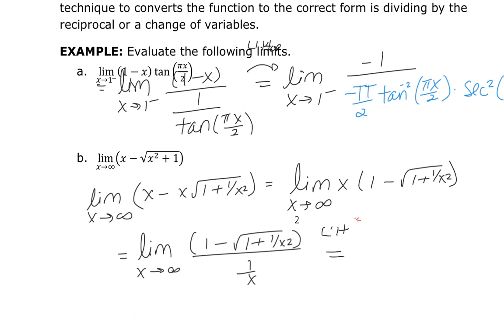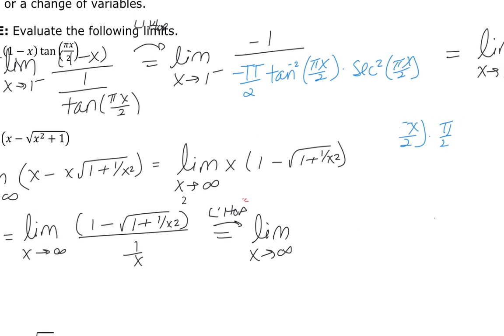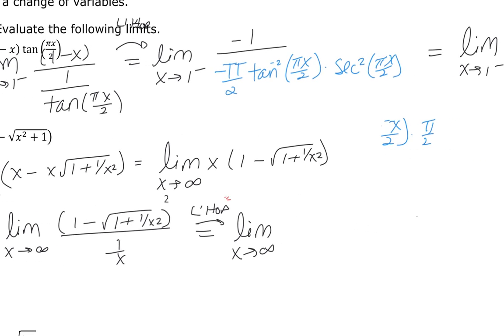So L'Hopital. I have the limit as x goes to infinity. Well, in the numerator, the derivative of 1 is 0, so then I just have to worry about this part, which is the square root of 1 plus, I'm going to write this as x raised to the negative 2. Its derivative is going to be 1/2, 1 plus x raised to the negative 2, raised to the negative 1/2, multiplied by negative 2x raised to the negative 3.